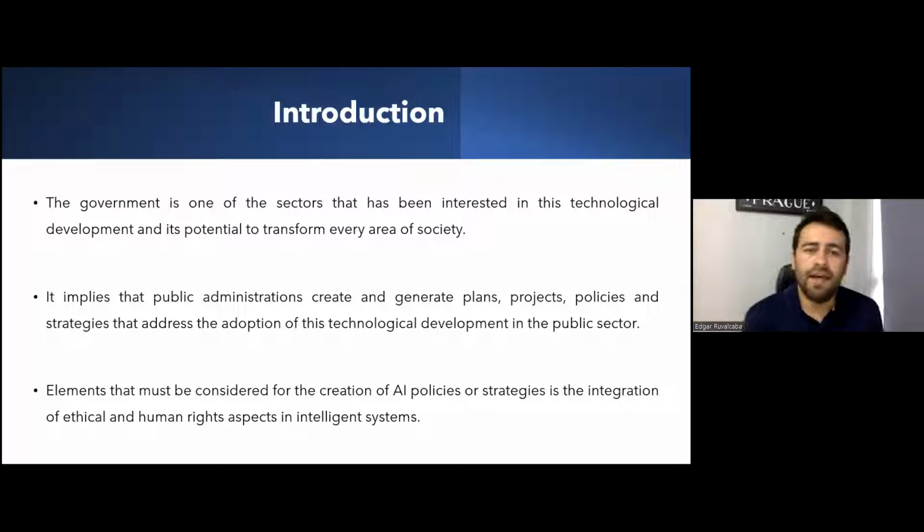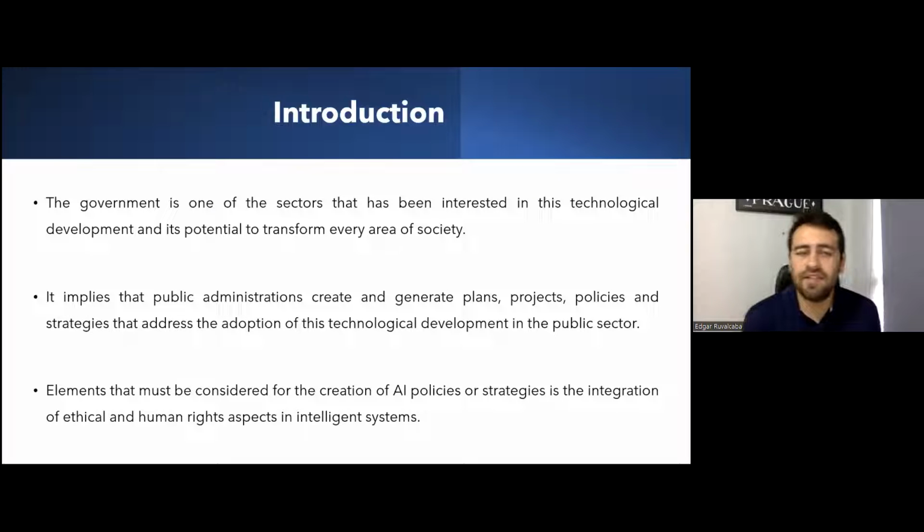But there are also a lot of problems in adopting this kind of technology, because they don't have the human resources, they don't have the technology, they don't have the expertise in this topic.